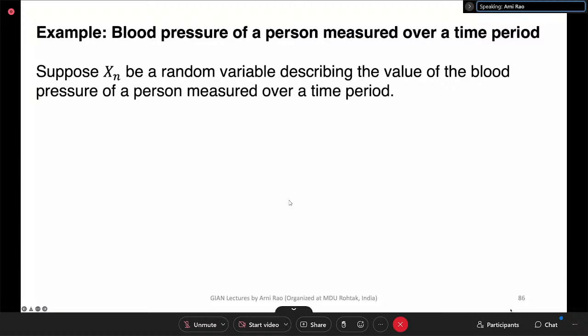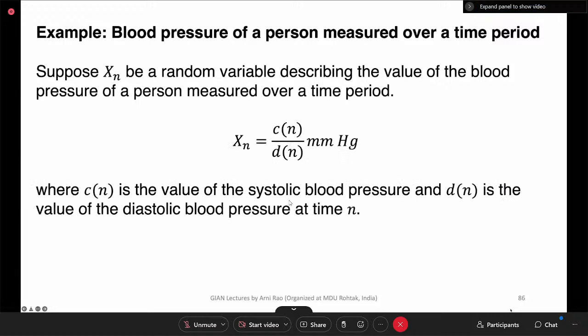Xn is obviously a stochastic process, because it is measured over a time period, and the various values of Xn form a stochastic process. In a simplistic way, Xn is defined as Cn by Dn, where Cn is the value of the systolic blood pressure and Dn is the value of the diastolic blood pressure.